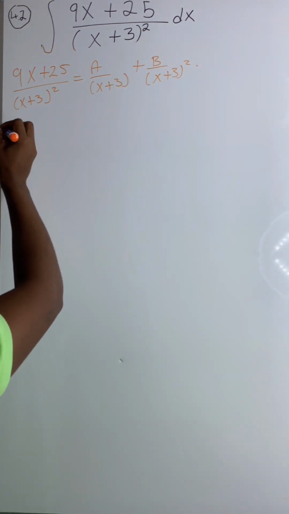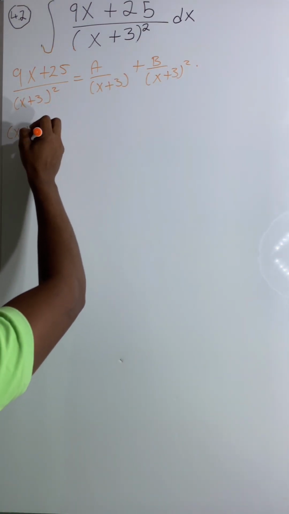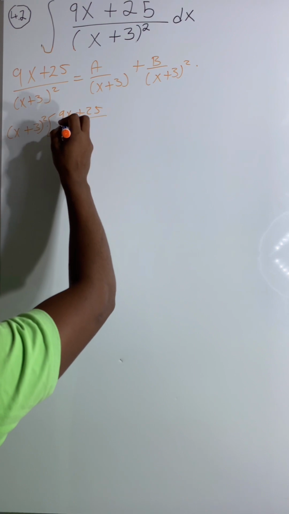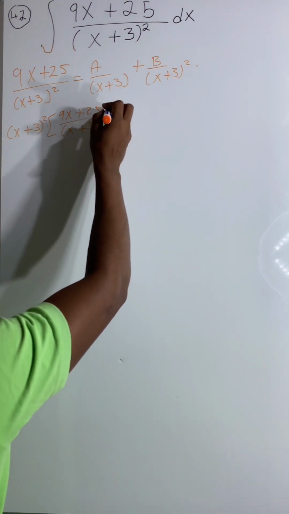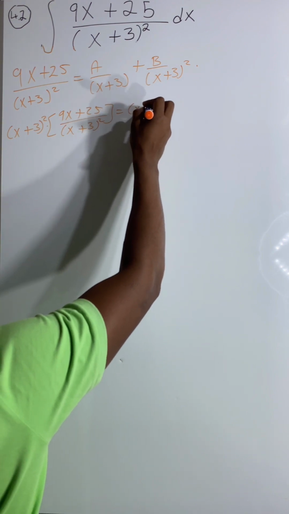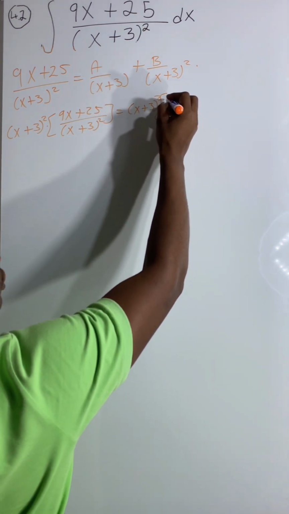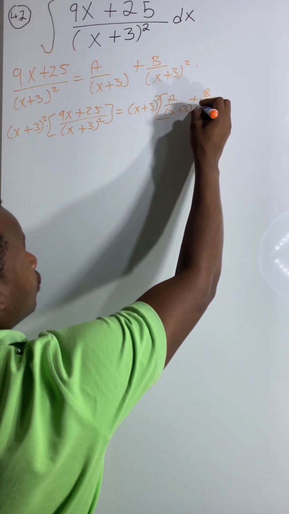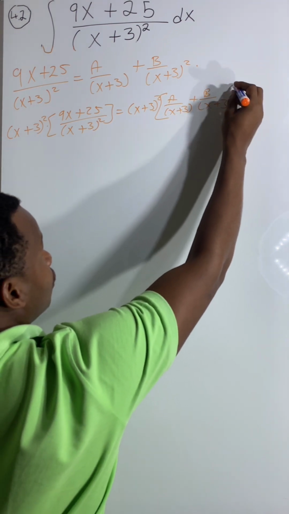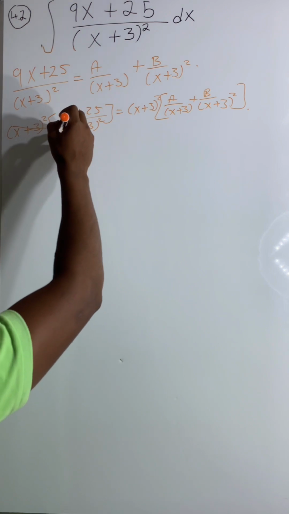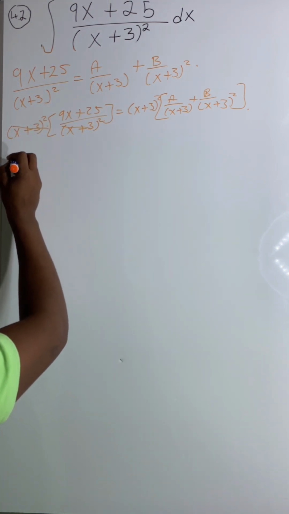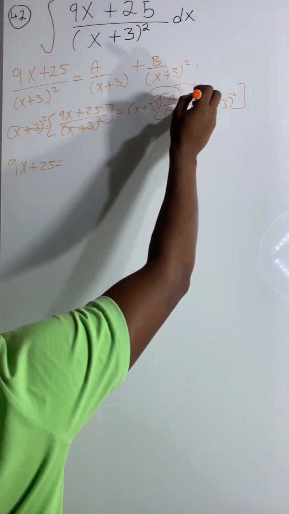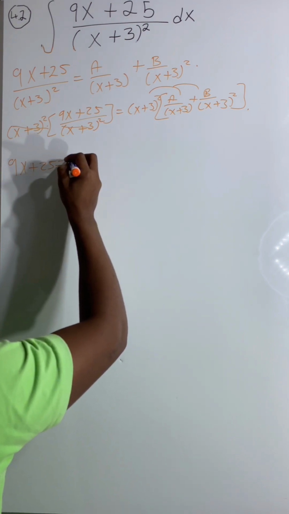When we multiply both sides of the equation by x plus 3 squared, from here, that x plus 3 squared will cancel that x plus 3 squared, and we'll be left with 9x plus 25 on the left side of our equation, and we distribute the x plus 3 squared inside our parentheses.